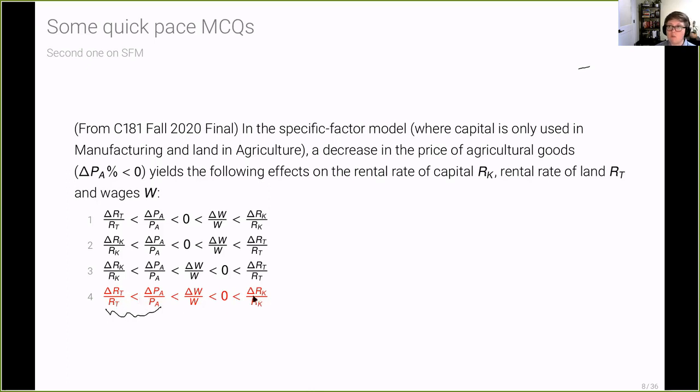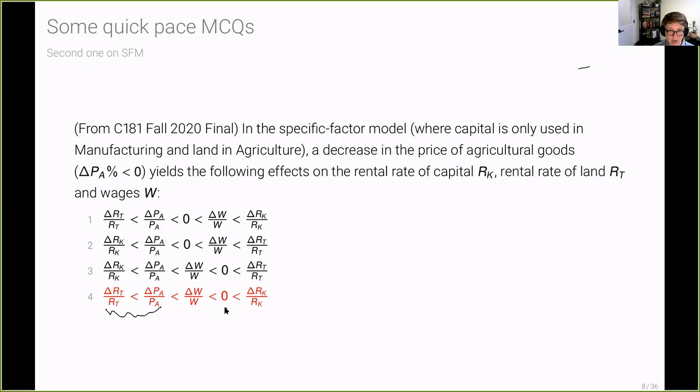We also have that whenever the relative price of one sector goes down, it's going to benefit the other sector's returns. And so we know that if, for instance, the relative price of agriculture goes down, then relative to the price of manufacturing, we're going to have the owners of the factor whose output price is not decreasing have their returns go up.